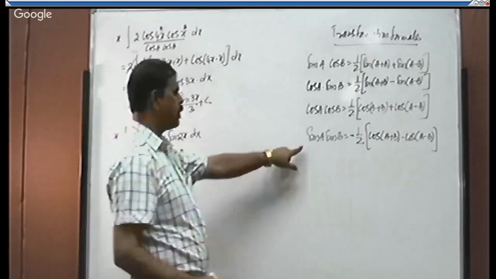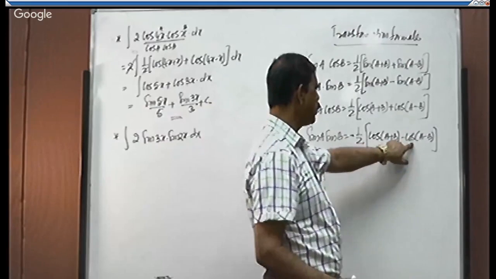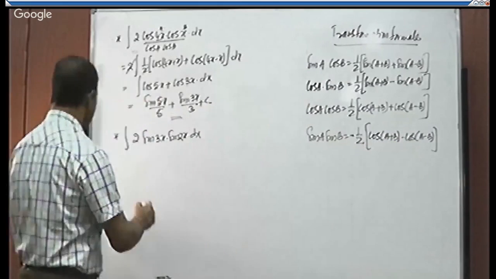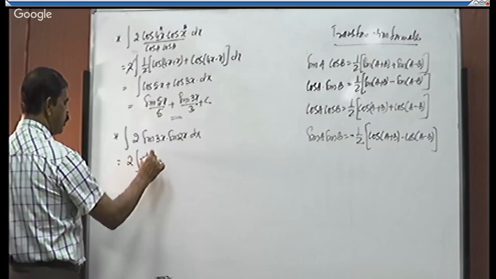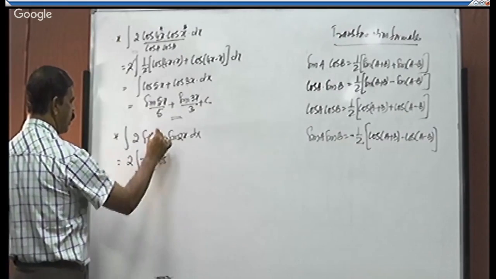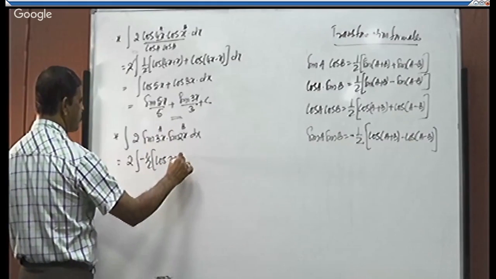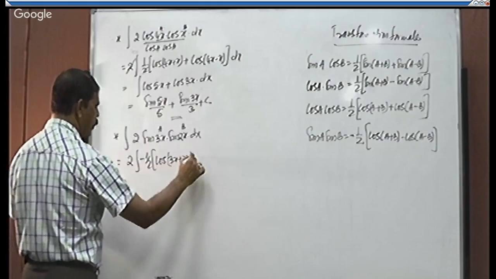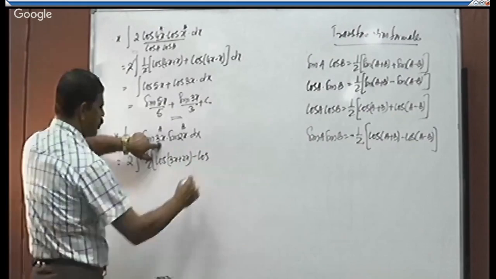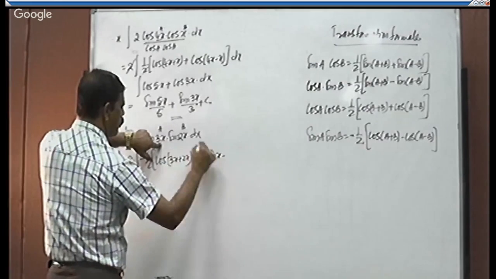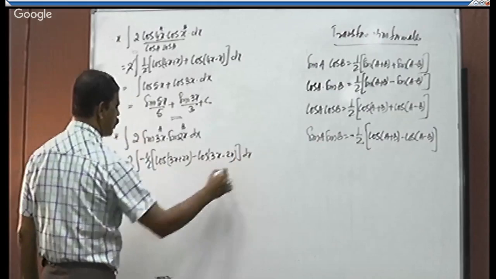Sine A sine B is equal to minus 1 by 2 into cos of A plus B minus cos of A minus B. That is 2 into minus 1 by 2 into cos of A plus B, where A is 3x and B is 2x, so 3x plus 2x, minus cos of A minus B, into dx.